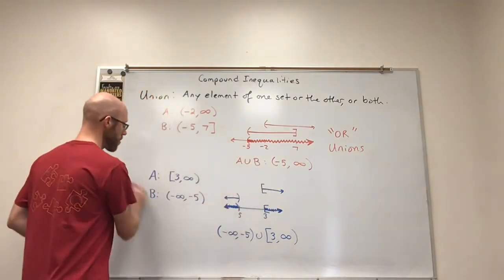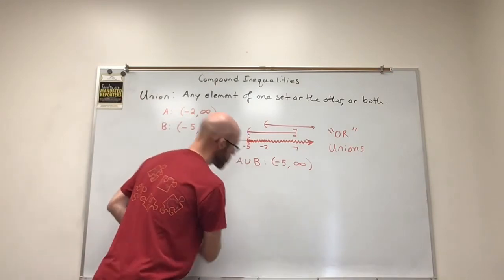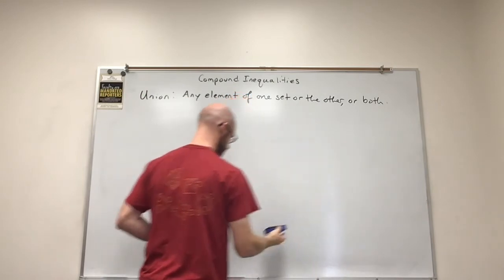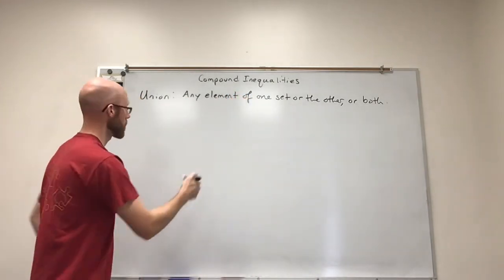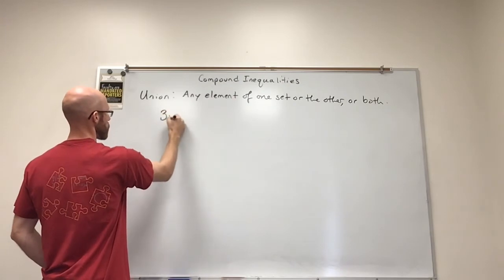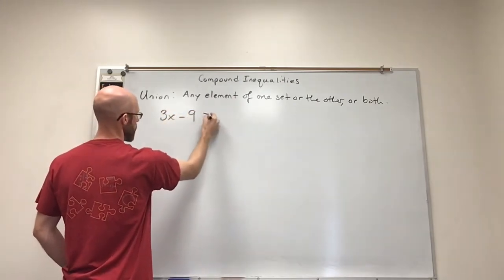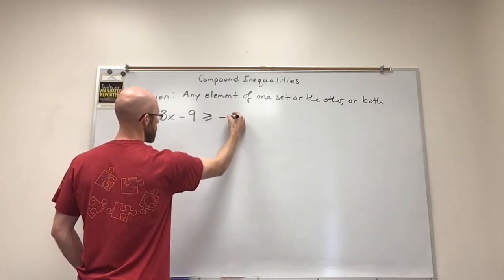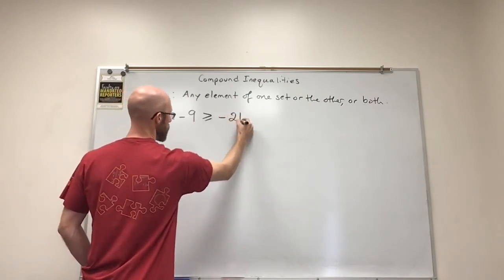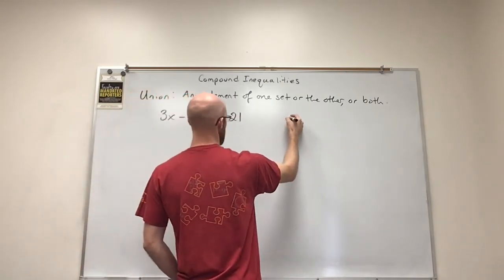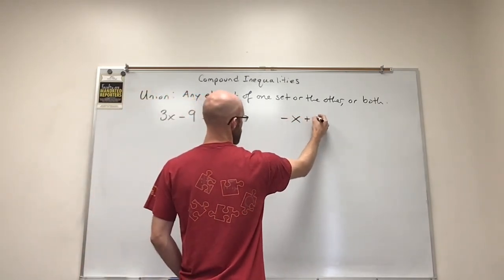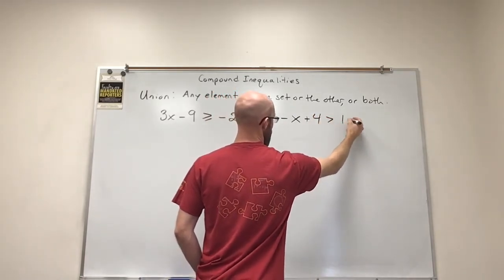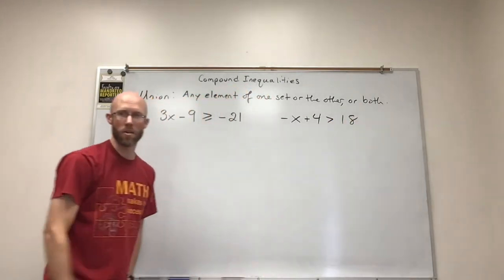And if I were to solve a union problem, it might look something like 3x minus 9 greater than or equal to -21, and -x plus 4 is greater than maybe 18, and I don't know, we'll see what happens here.